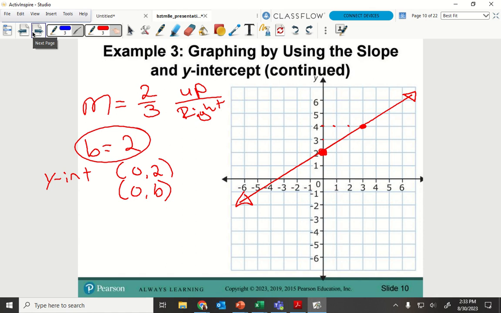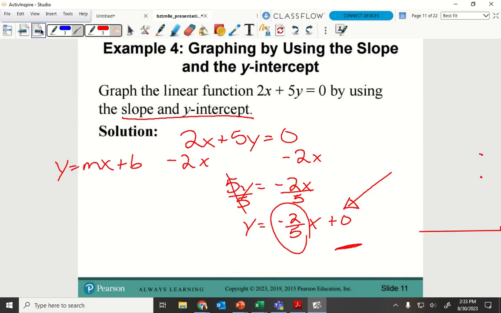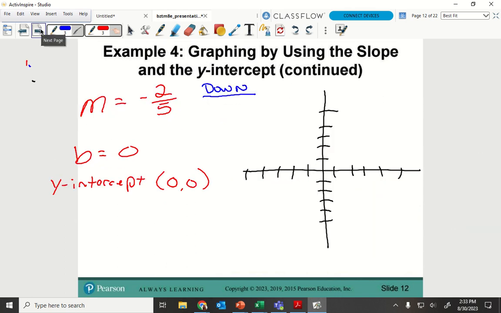So therefore, it went up, and then it goes right 3. Since it's negative, it's going to go down. Down how much? 2, and it's going to go right. Always to the right, because we always read math from left to right. So in my equations, it's always going from left to right. You could go down, but you would have to reverse the whole thing. There's no point in doing it.